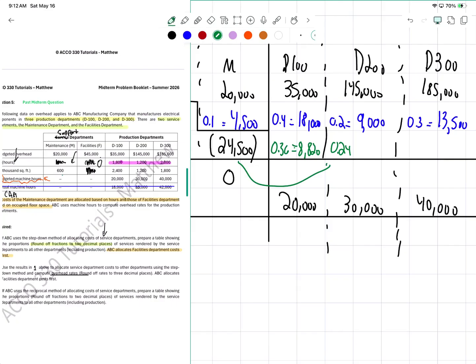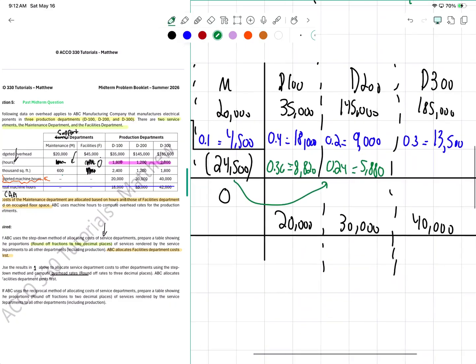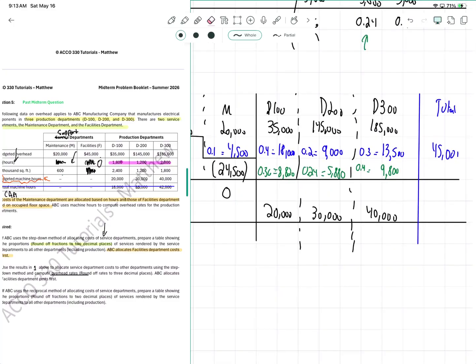So 24,500 times 24% gives you 5,880. And then 24,500 times 40% gives you 9,800. I hope that's good with everyone.